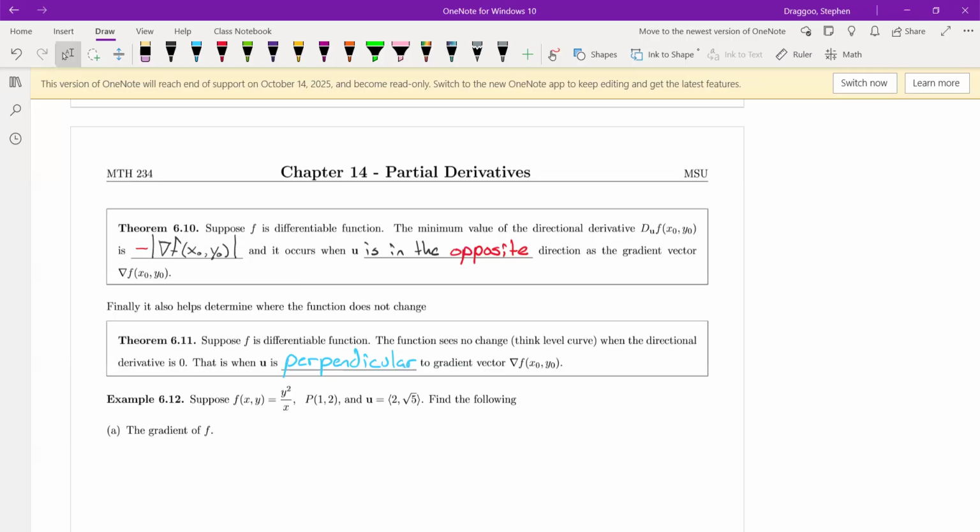If we want to find a spot where the function isn't changing at all, where our directional derivative ends up being 0, which must happen somewhere: our maximum rate of change is positive, because it's the magnitude of a gradient, and our minimum rate of change is negative, because it's the negative of a gradient, so it's got to hit 0 somewhere in there. Since both the maximum and minimum are parallel to the gradient, we'll hit 0 when we're exactly perpendicular to the gradient.